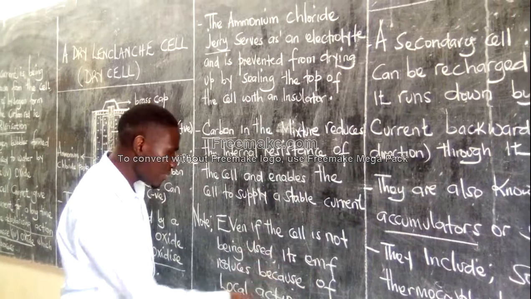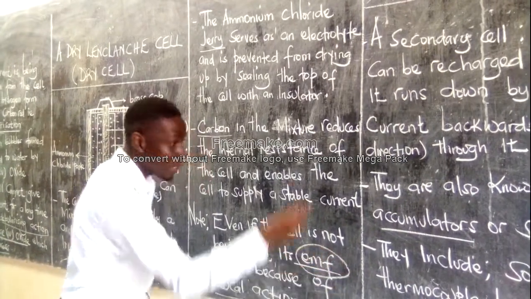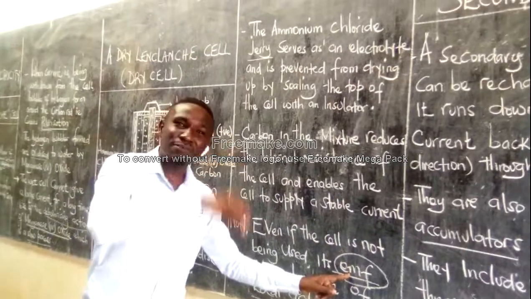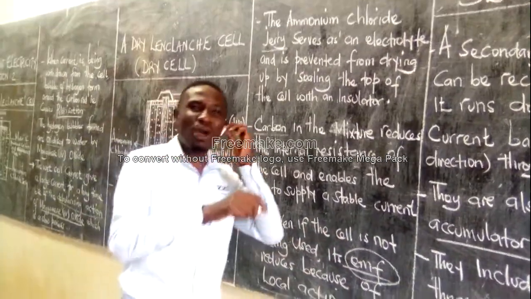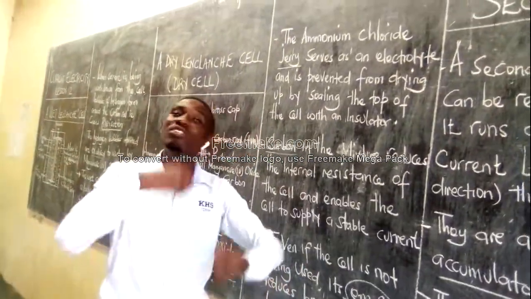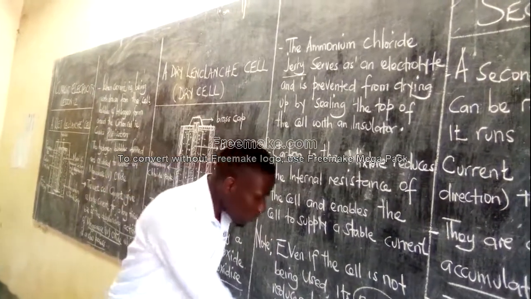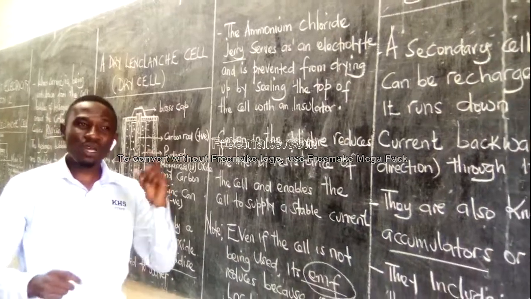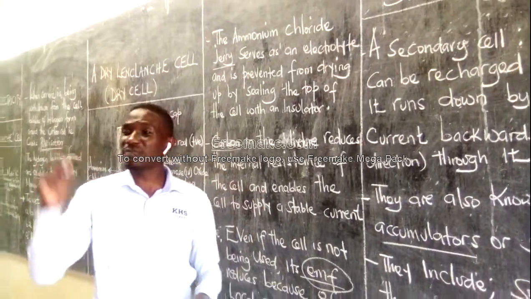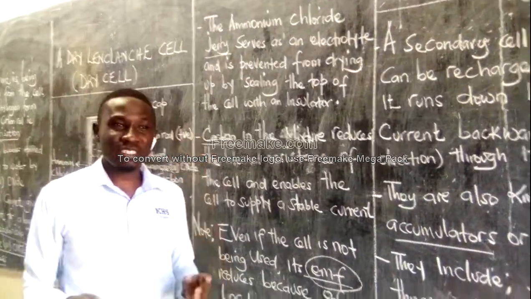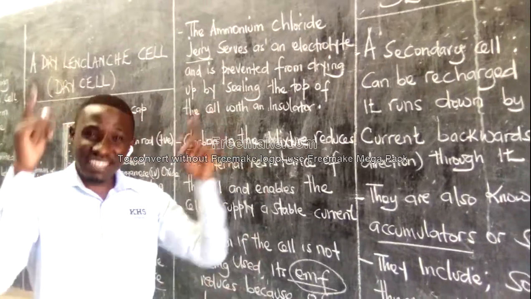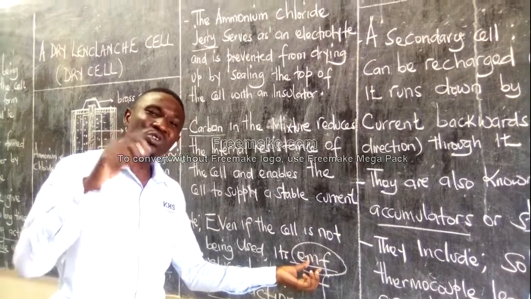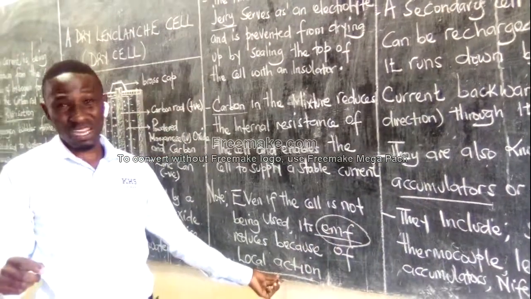We shall look at EMF, electromotive force, in our subsequent lessons. Its electromotive force, which is 1.5 volts, is reduced because of local action, even when the dry cell is still new. So someone who buys dry cells today, keeps them and says, I will use them after 4 weeks, will use them for 1 day and they get used up, because their EMF goes on reducing because of local action.